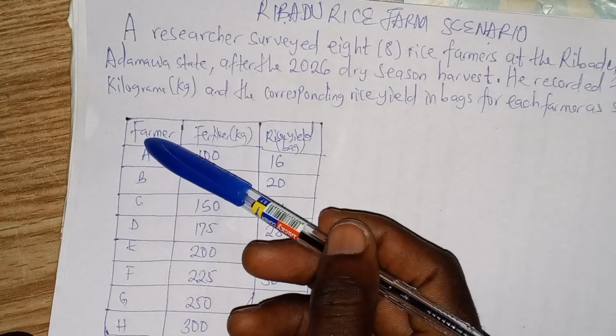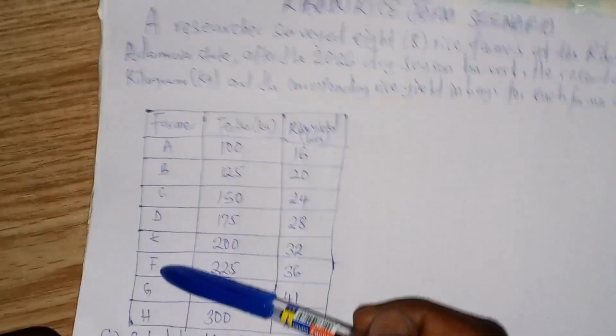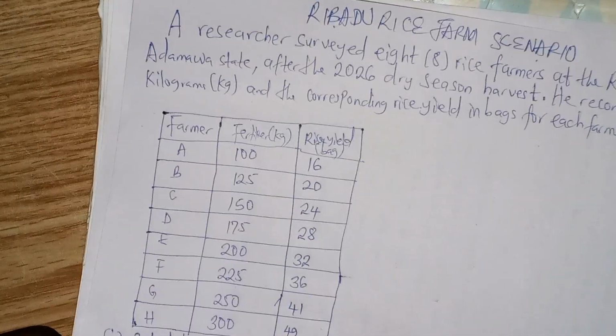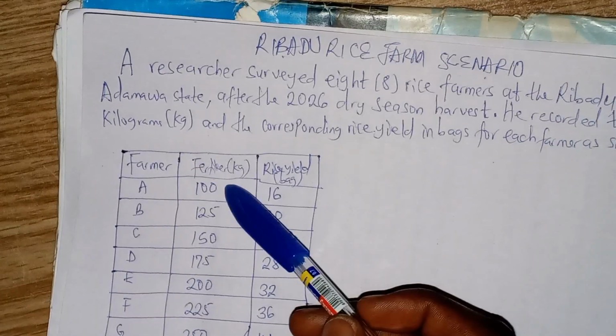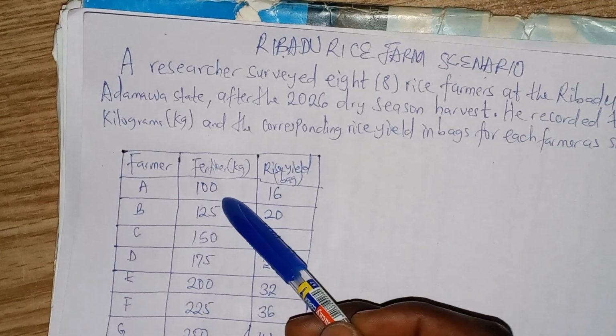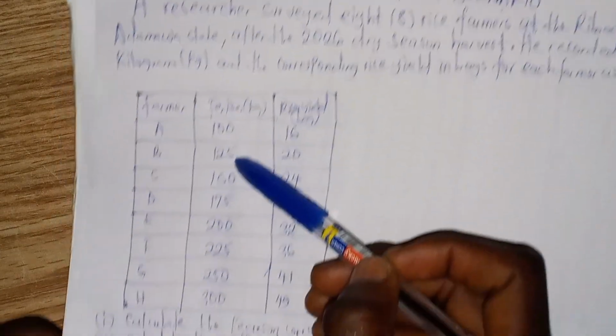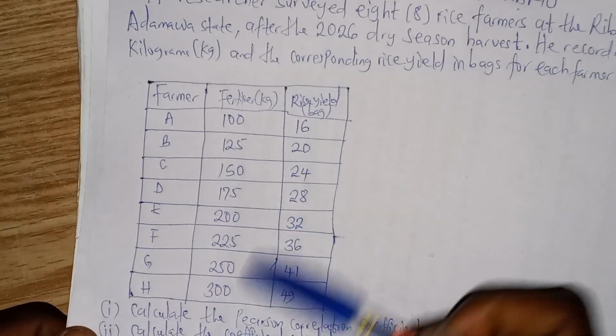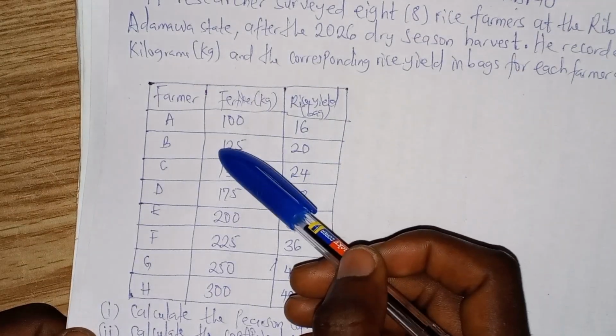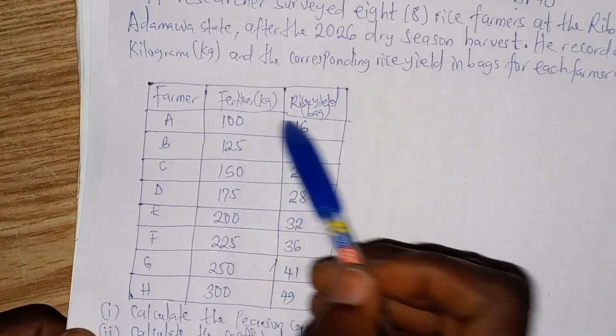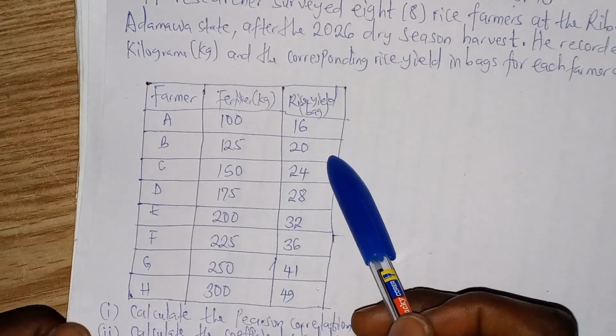So these are the corresponding farmers, Farmer A to H, that is 8 farmers. Fertilizer 100 kilogram, 125 kilogram, 150, 175, and so on. Rice yield after applying 100 kilogram of fertilizer, this is the number of bags.